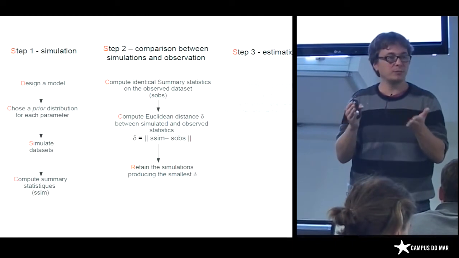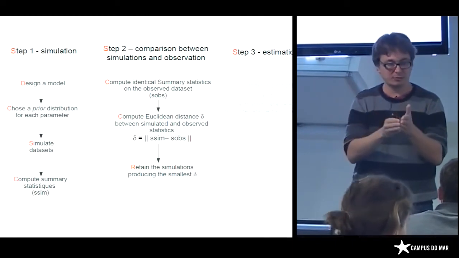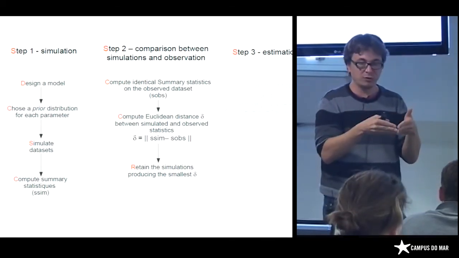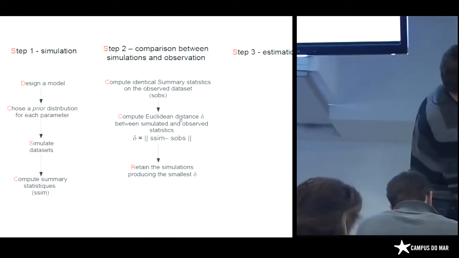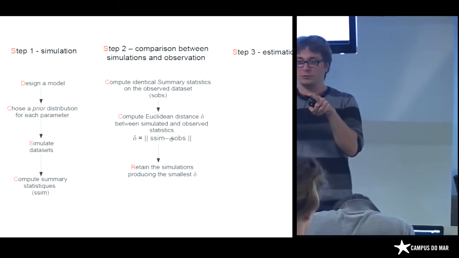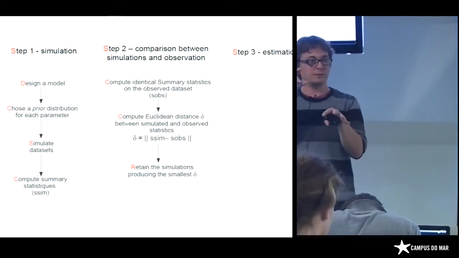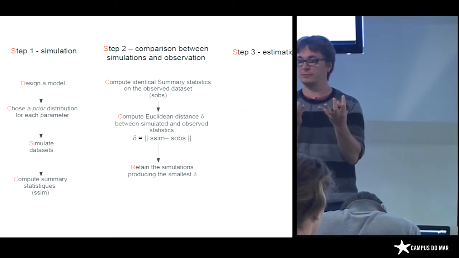Usually you keep 1,000 or 2,000 simulations with the closest Euclidean distance. And you look at the proportion of the two models you compare in this cloud of points.